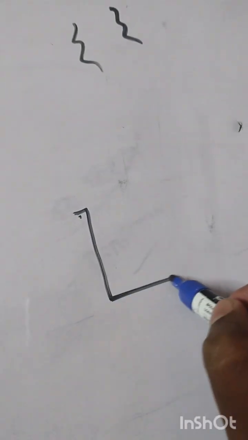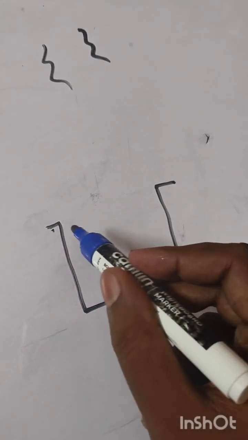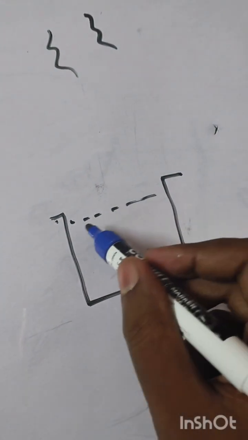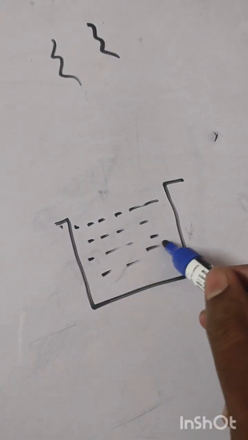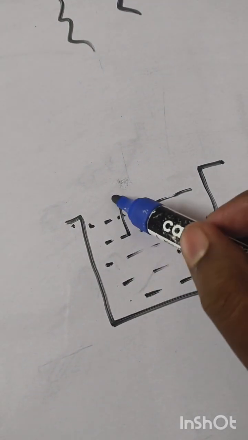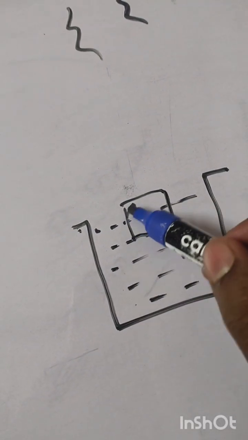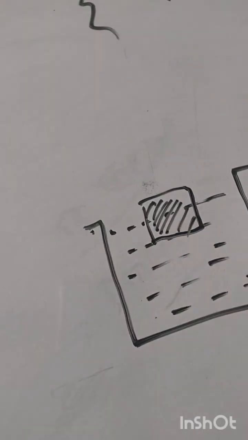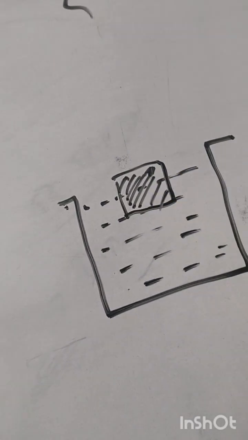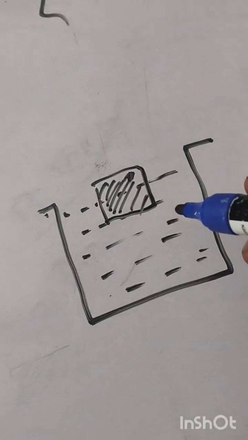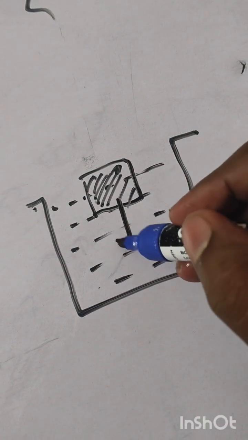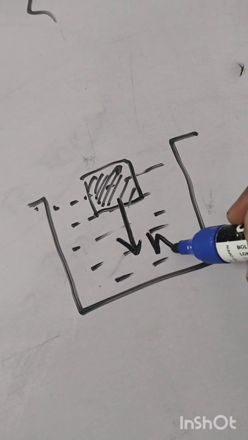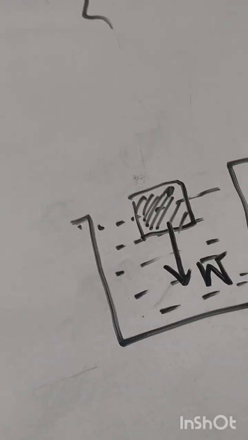Okay, now let's discuss it by an image. So let's discuss it by drawing. Suppose this is the container, this is the cup, and this is the fluid. Fluid doesn't mean only liquid. Fluid means both liquid and gas. Now this is the object. Every object has some force, and that is actually its weight.